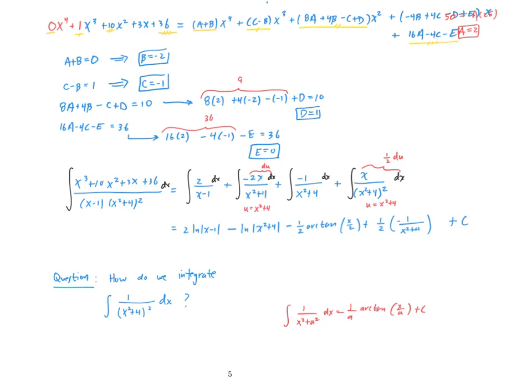Hint, it was a recent technique of integration that we've discussed. The x squared plus 4 expression in the denominator indicates that we could use a trig substitution. So we could evaluate this using the trig substitution, x equals 2 tangent theta.